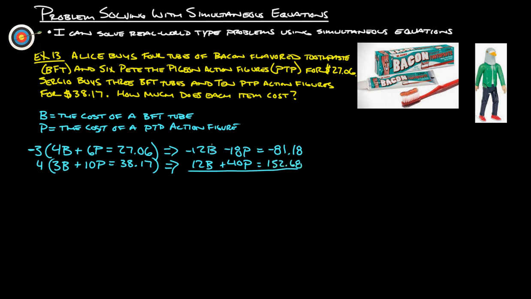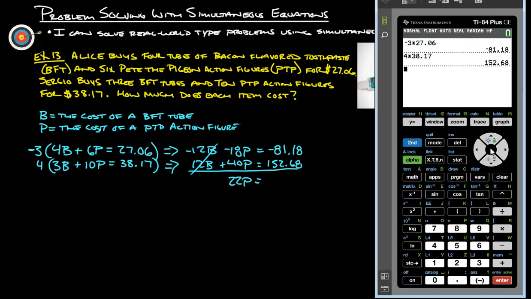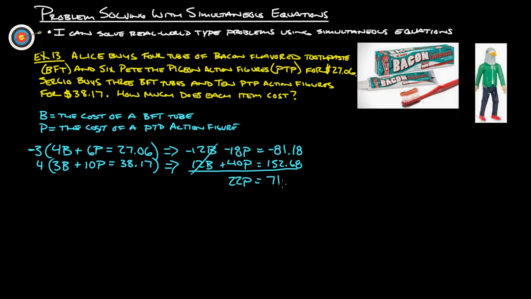Okay, so now when we add these together, we eliminate the b's, and we get 22p equals 152.68, and then we're going to subtract 81.18. We get 71.50. Divide both sides by 22.